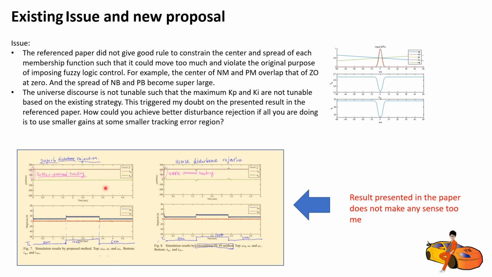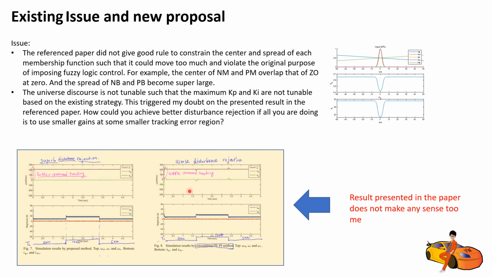You can see that he shows that the GA tuned one almost rejected the disturbance perfectly. There's no deviation on the speed response, and here there is a dip, and then when he removes the load, there is a surge on the speed.